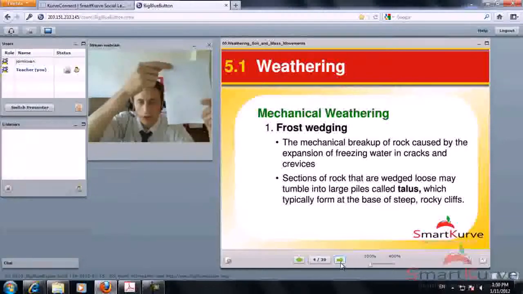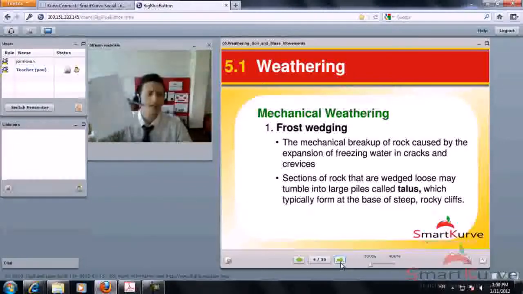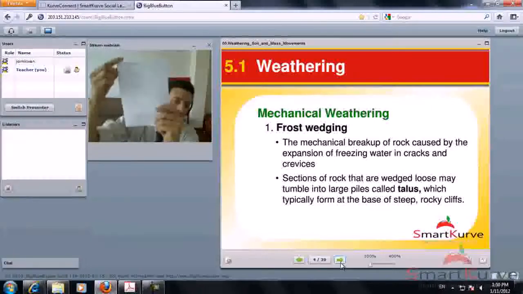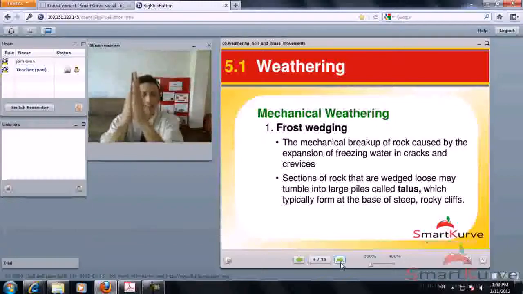Notice here, if I have a triangle, now this could be maybe an axe. Let's say this is an axe and a piece of wood. When we drive that axe into the wood to split it apart, we refer to that as a wedge. So with frost wedging, we're looking at how frost, that ice, can break rocks apart.